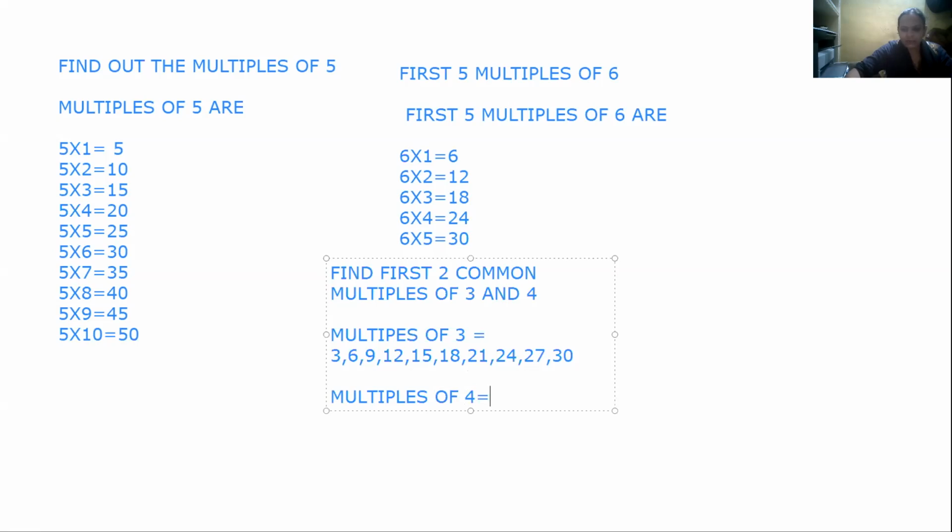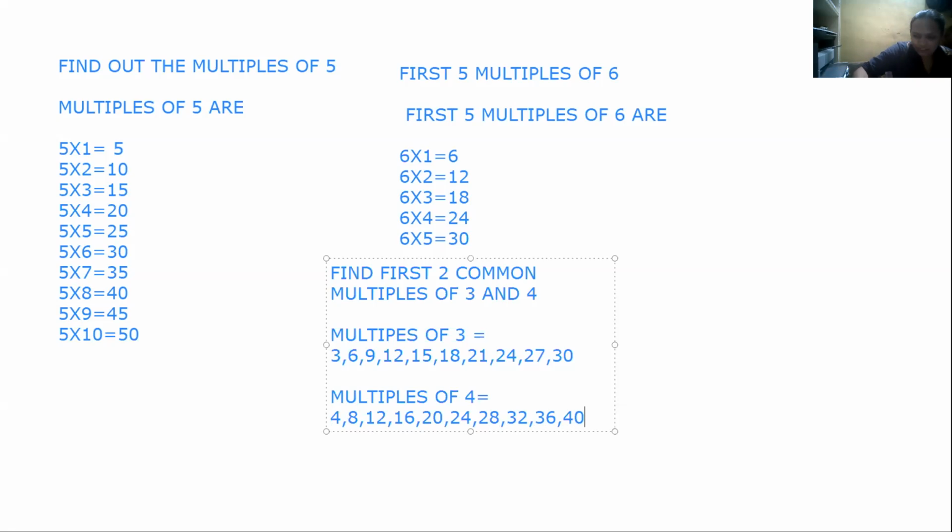Multiples of 4 are 4, 8, 12, 16, 20, 24, 28, 32, 36, and 40.